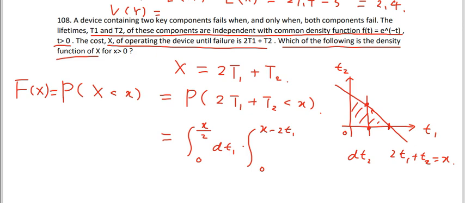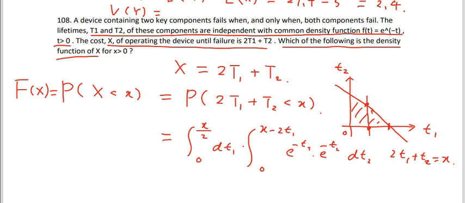Then the density function for t1, t2 is e to the negative t1 times e to the negative t2, right?